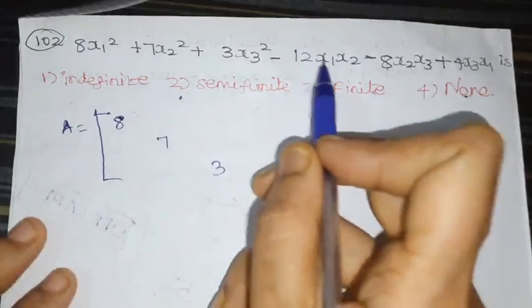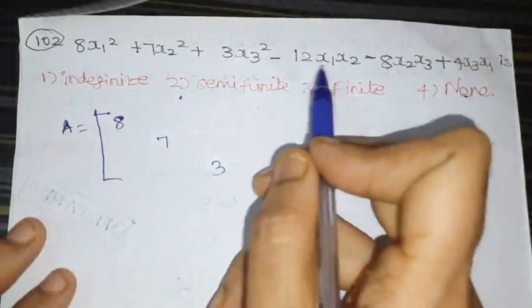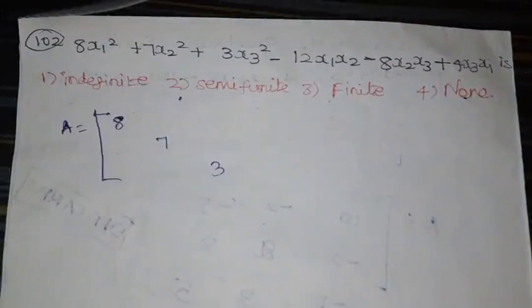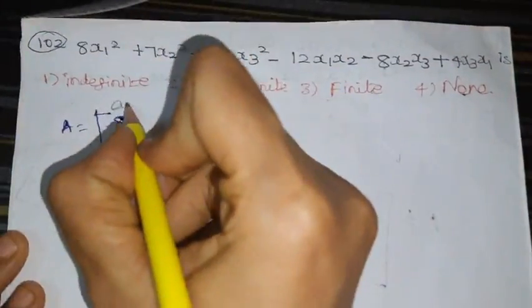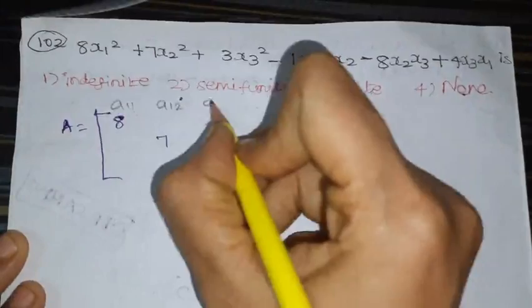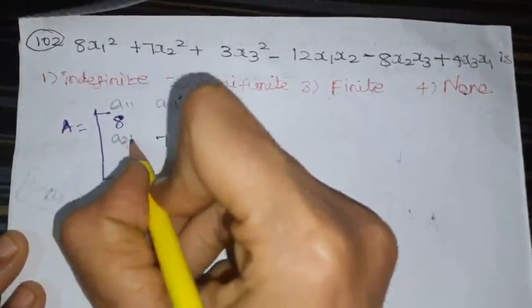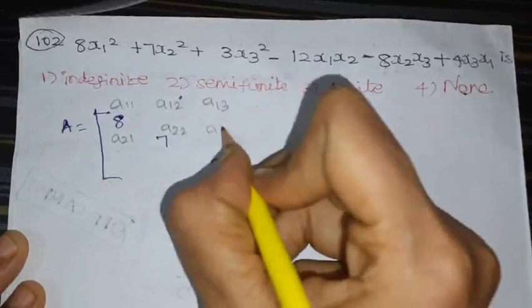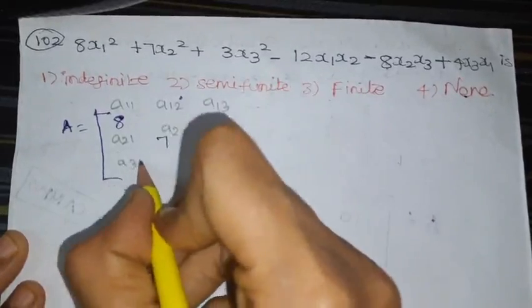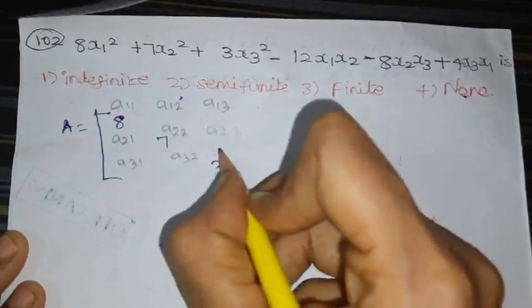A12 is half the coefficient of x1 x2. So this is the matrix form, right? A11 A12 A13, then A21 A22 A23, A31 A32 A33.